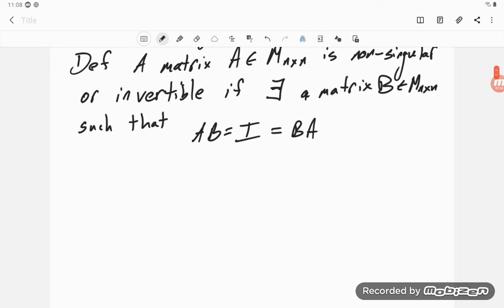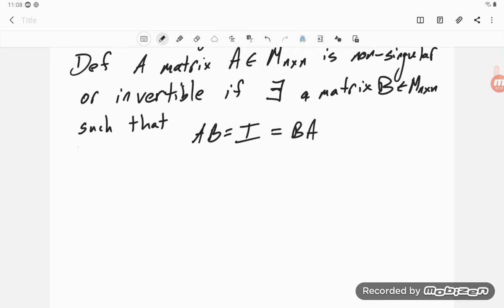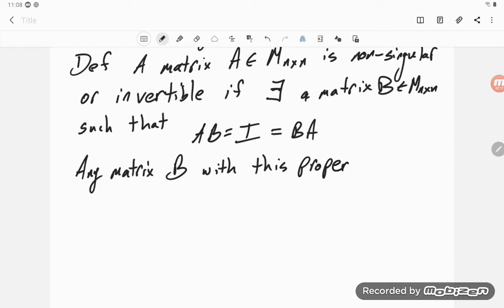Okay. So any matrix B with this property is called an inverse of A. Now notice they're doing something here.